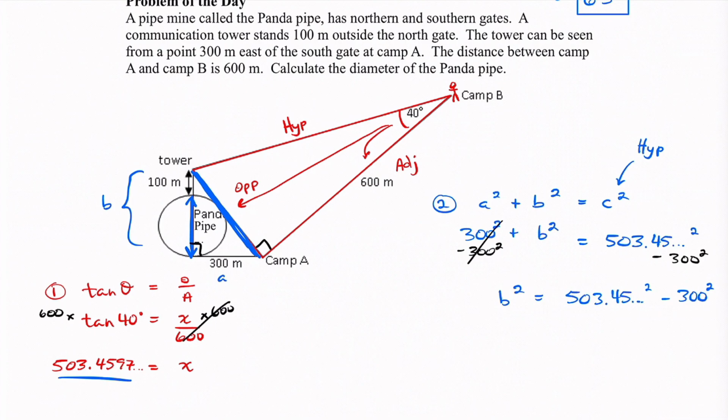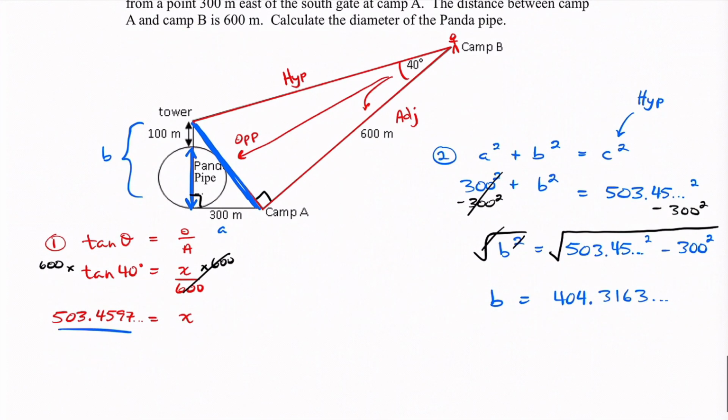To get rid of that square, we need to take the square root. So square and square root cancel, and I also do the exact same on the other side. When I put all of this into my calculator, I am going to get 404.3163 dot, dot, dot.